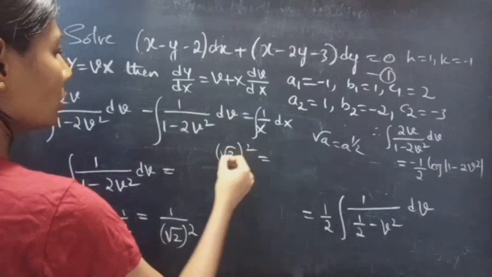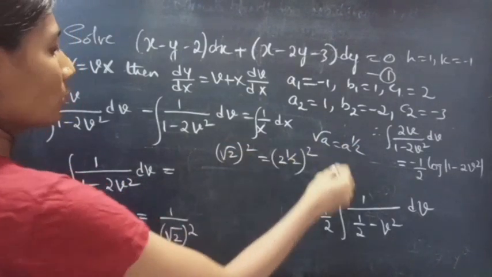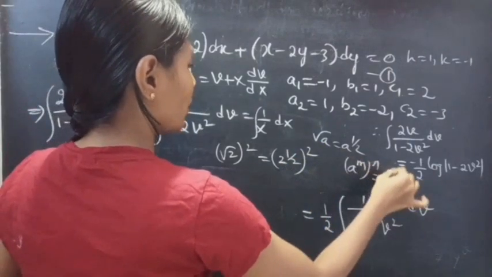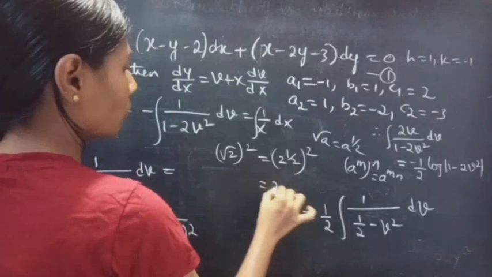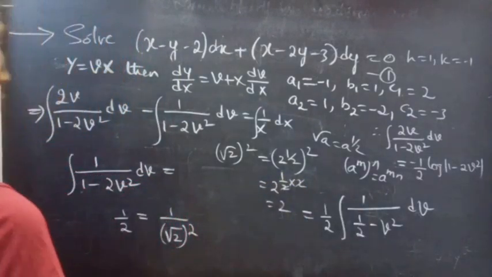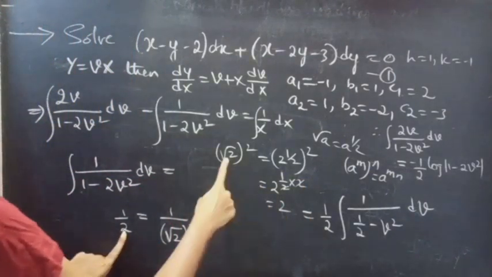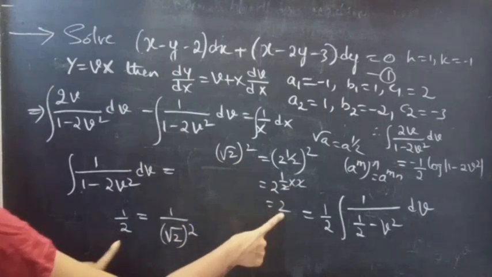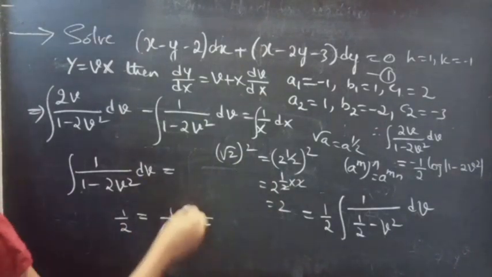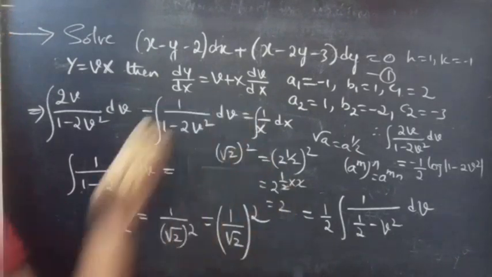Then you can write square root of 2 as 2 power 1 by 2 whole power 2. And we know that a power m whole power n equals a power m into n. Then this becomes 2 power 1 by 2 into 2. Here 2 gets cancelled, we'll get 2, right? So square root of 2 whole square is nothing but 2. So, we'll replace 2 by square root of 2 whole square.